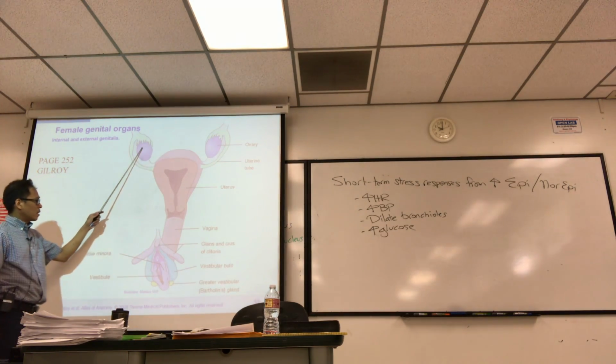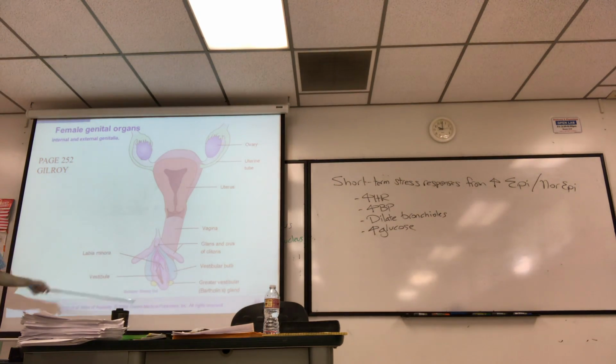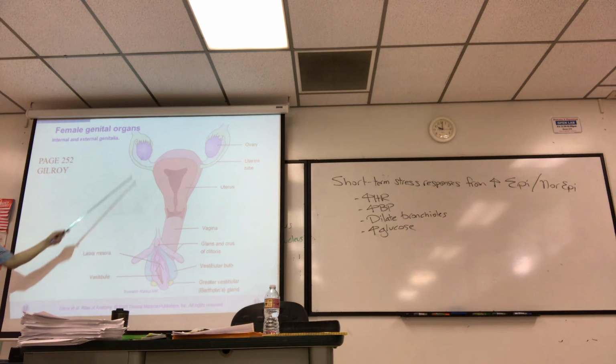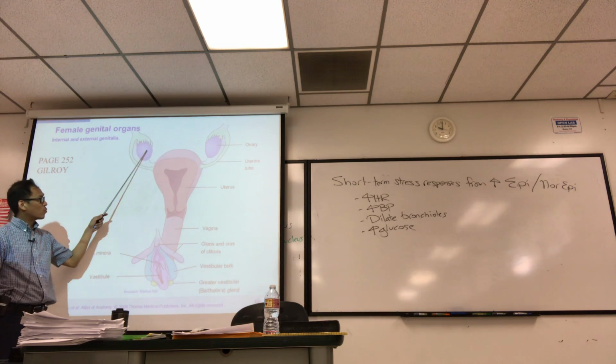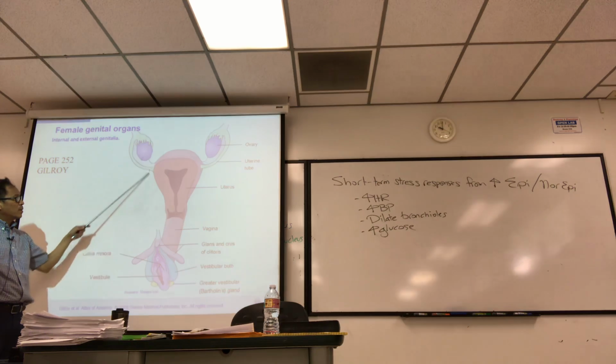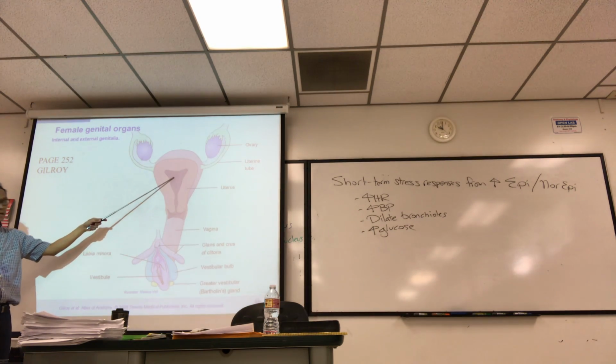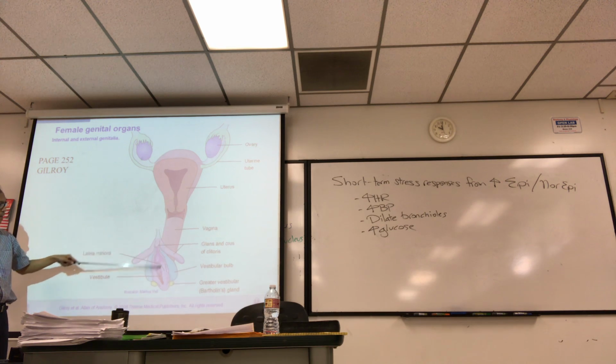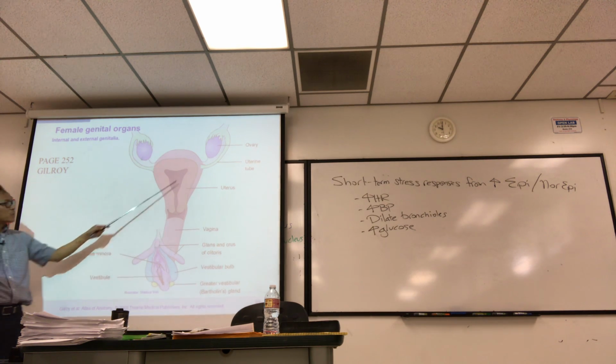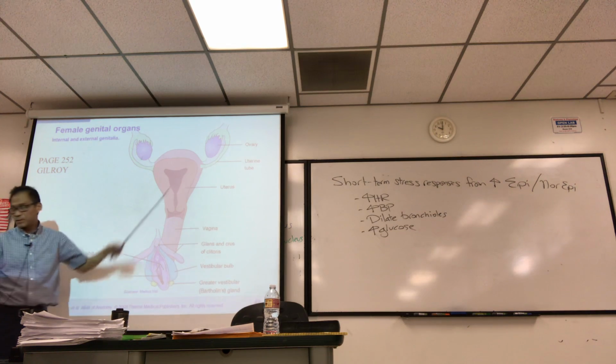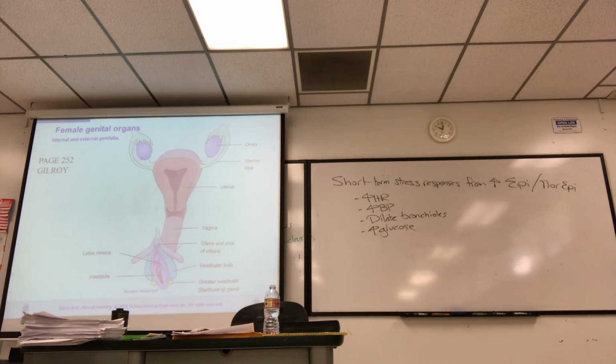In the male, the gonads are in the scrotal sac, outside the abdominal cavity. Here, in the female, they're in the lateral pelvic wall. There's the womb, the uterus, should fertilization and implantation occur. We'll learn that later. Here's the vagina and the vaginal orifice down there. But we're just concerned with the ovary now and how it secretes estrogen. So we don't need to be concerned with the other female repro parts for now.